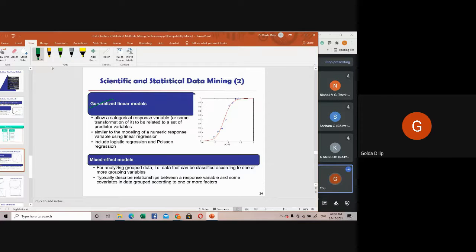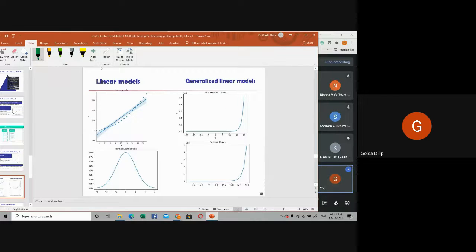You have logistic regression, Poisson regression, all of these come under a generalized linear model. I'll explain with another figure, because you would have already learned about what is called a linear model. So today let's try to understand what this generalized linear model is all about.